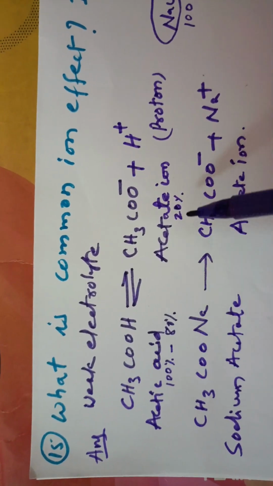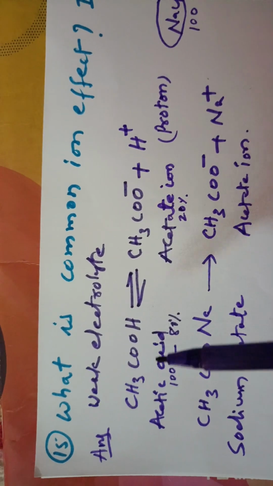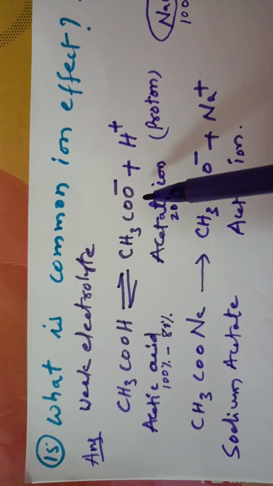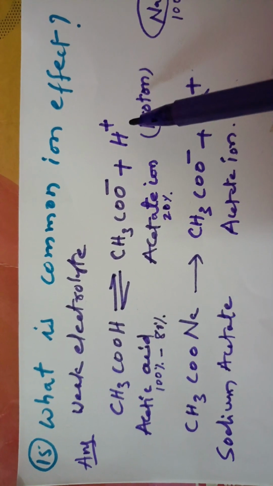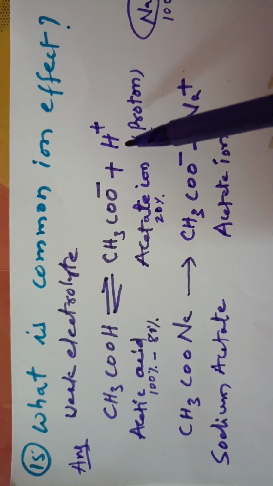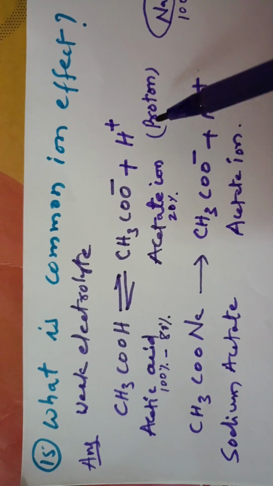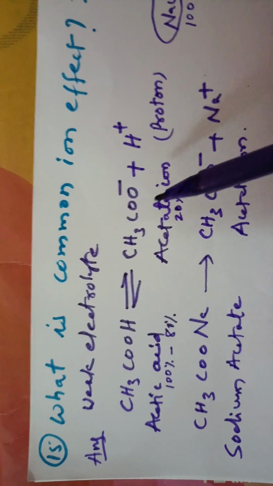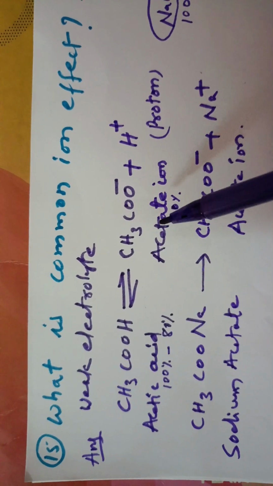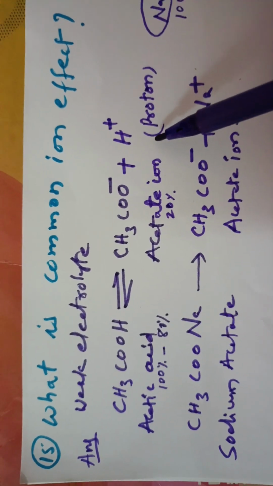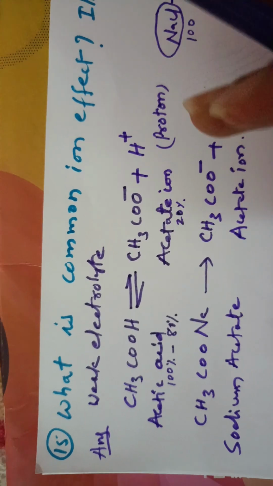Suppose after 20% dissociation, 10 molecules dissociate into CH3COO minus plus H plus ions. At the same time, 10 molecules are formed again by the combination of 10 acetate ions and 10 H plus ions. That is the equilibrium state.